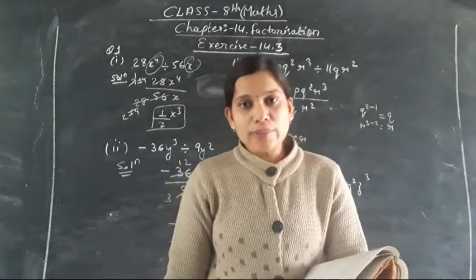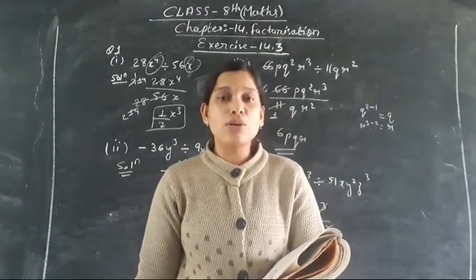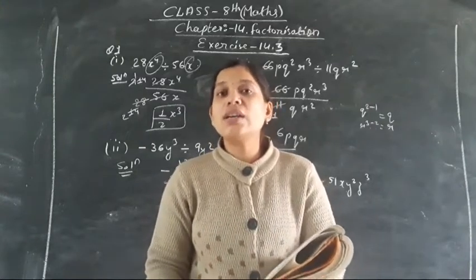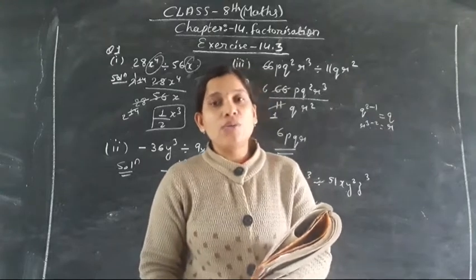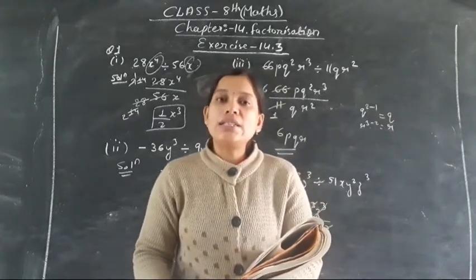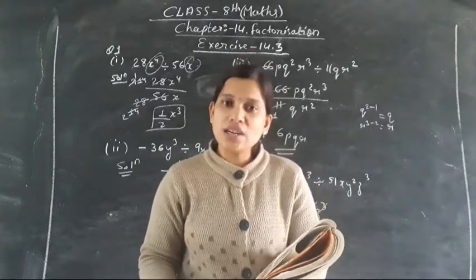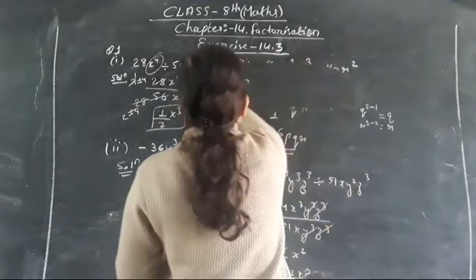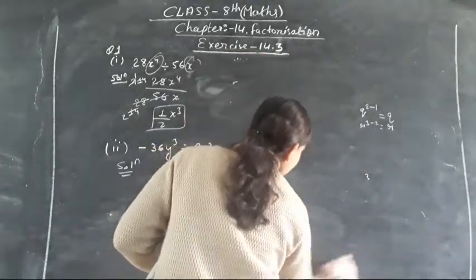Monomial means an algebraic expression containing only one term. What do you mean by binomial term? An algebraic expression containing 2 terms is known as binomial, 3 terms means trinomial. In this way an algebraic expression is being classified on the basis of the number of terms.